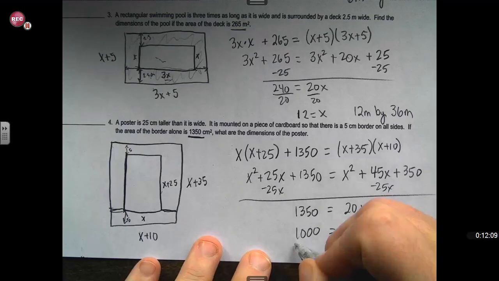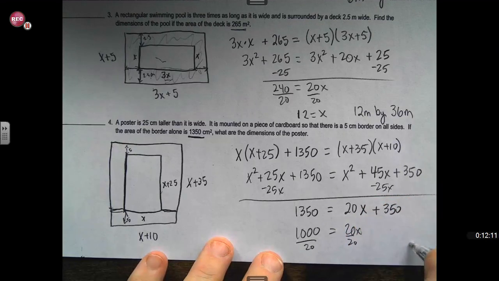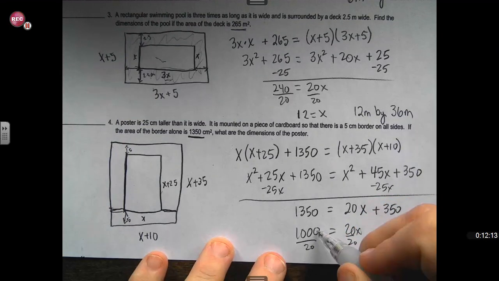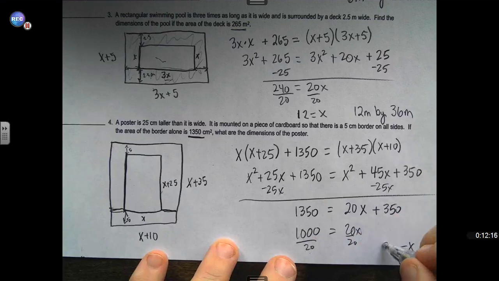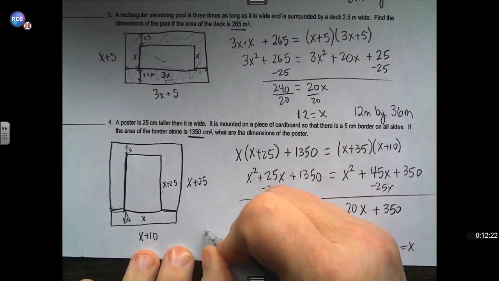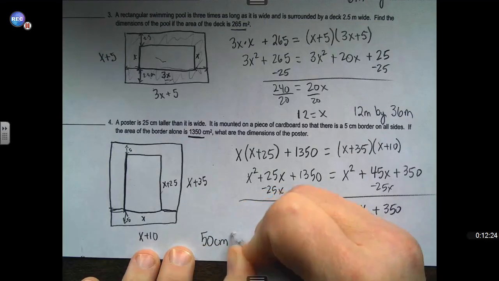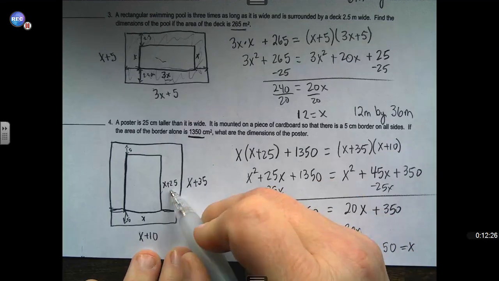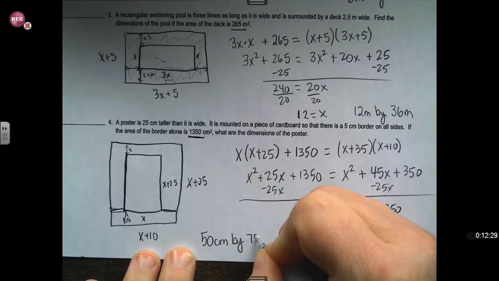Divide both sides by 20. And x equals 50. And so what are the dimensions of the poster? The poster is 50 centimeters by 50 plus 25 is 75 centimeters.